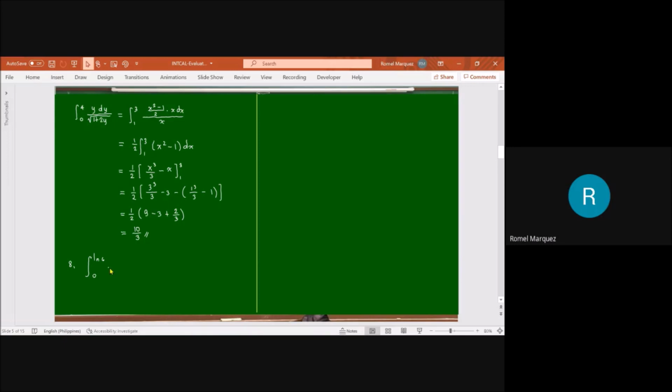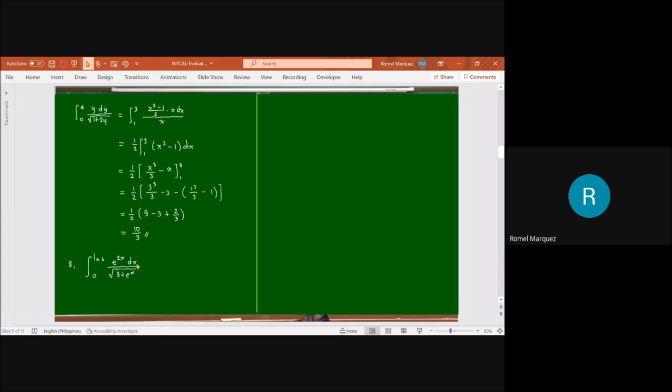And then we have in the numerator e to the 2x dx. In the denominator, 3 plus e to the x.